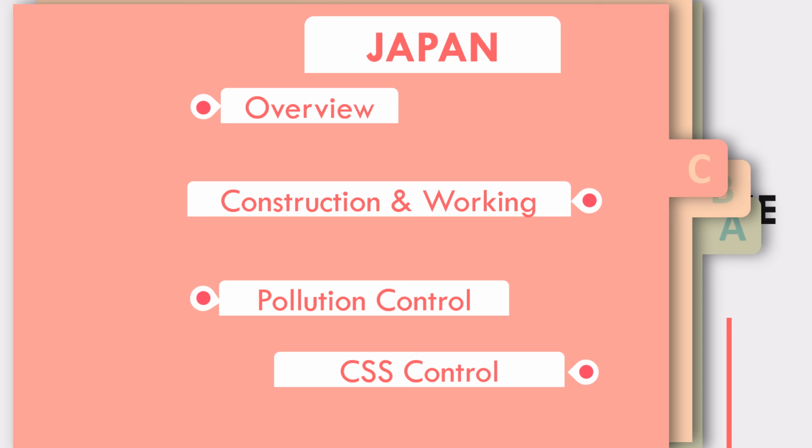There are so many wastewater treatment and water treatment companies in Japan. Let's talk about construction and working, asset management. Japan has built a total of 460,000 kilometers of sewer lines and 2200 treatment plants for public wastewater service.